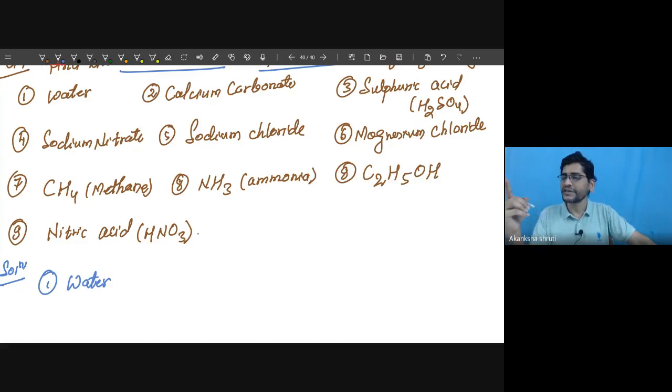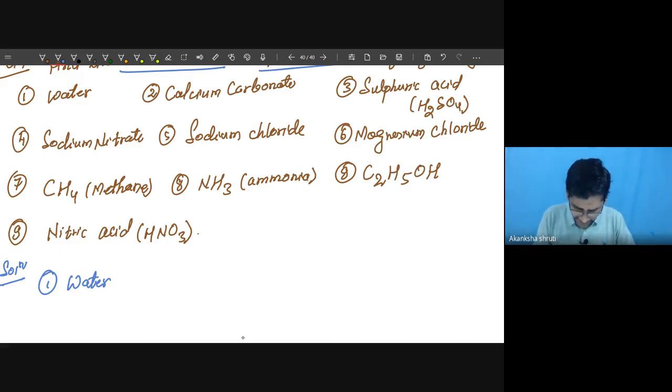But if we are considering the Avogadro number, meaning 1 mole, collectively 6.022 into 10 to the power 23 molecules or atoms, then it is given in grams. This concept is very important, otherwise students get confused.